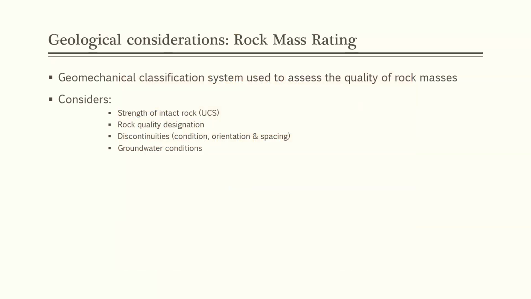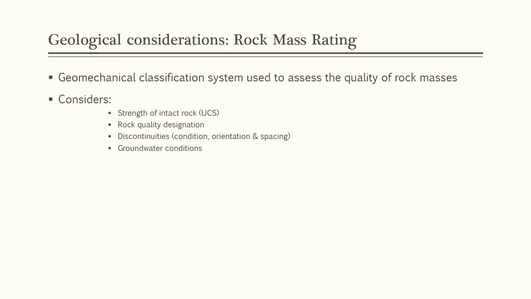Here we come to the controllable factors which we use when designing a bench blast. So for this presentation, I just limited myself to one key factor, which is called the rock mass rating, and it considers multiple parameters to assess the rock.